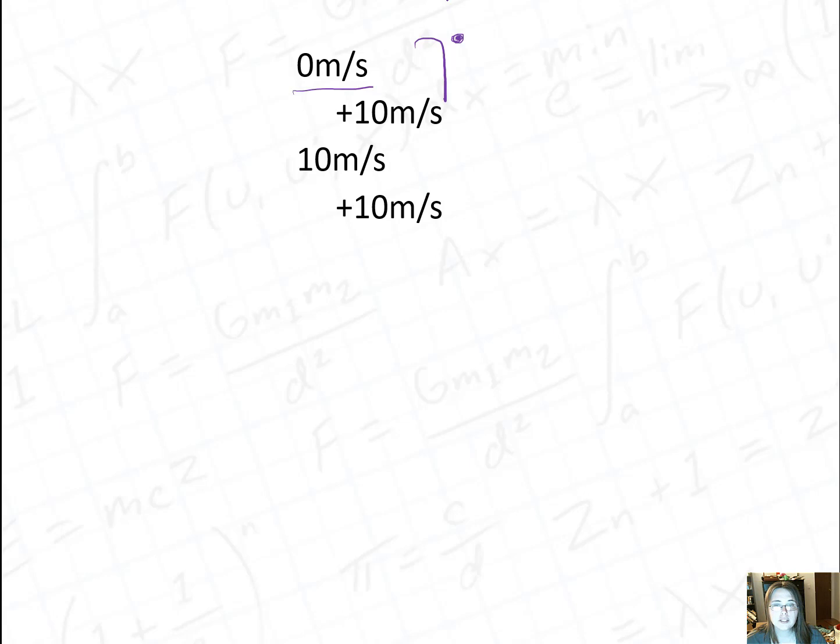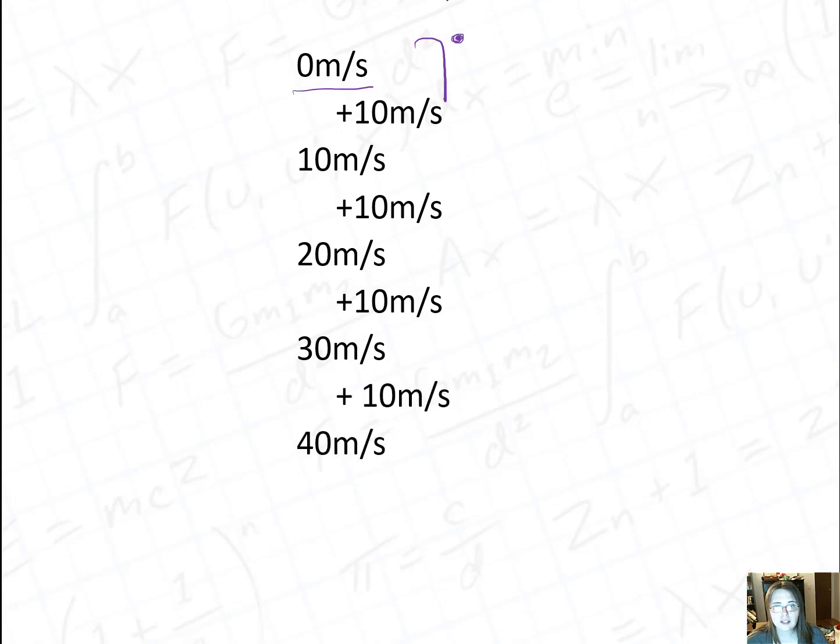And then during the next second, we're going to add another 10 meters per second. So at 2 seconds, it's going 20 meters per second. And then at 3 seconds, it's 30 meters per second. And then at 4 seconds, it's 40 meters per second. And then at 5 seconds, it's 50 meters per second. So as you can see, it is speeding up. Each second, it is speeding up by another 10 meters per second. So it is accelerating by 10 meters per second squared.